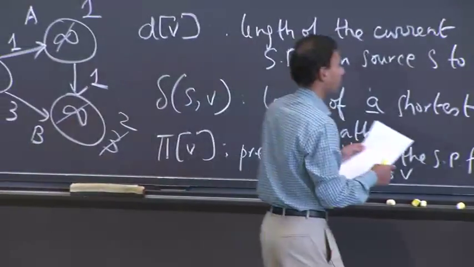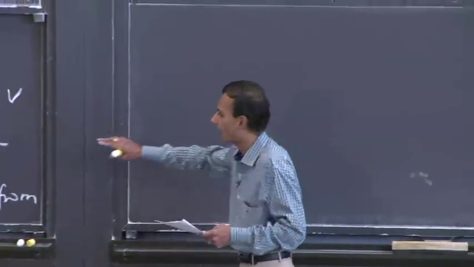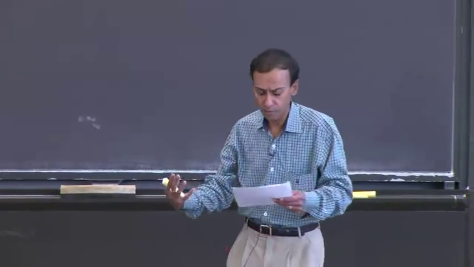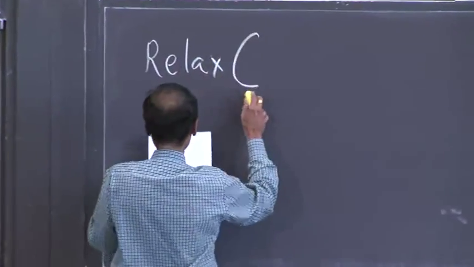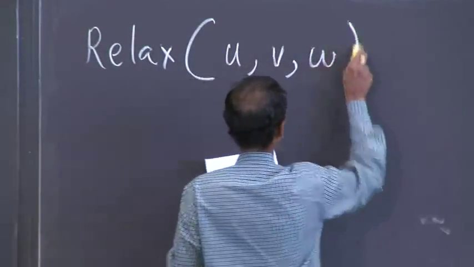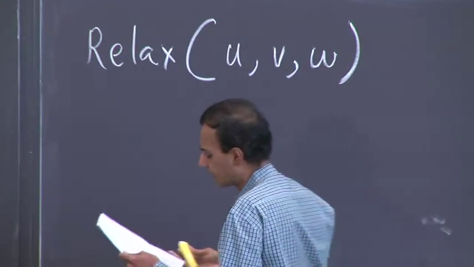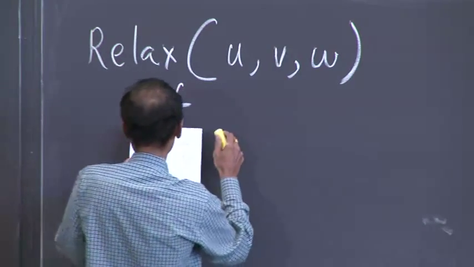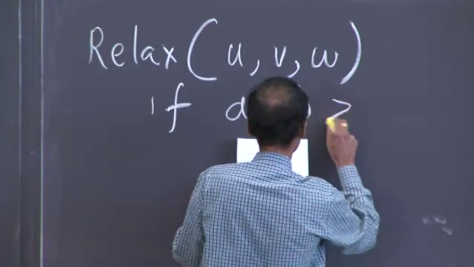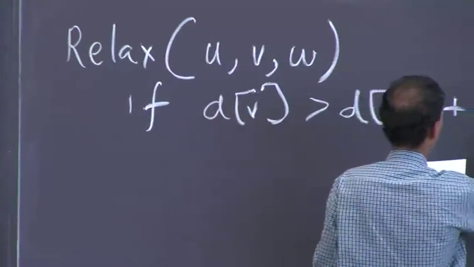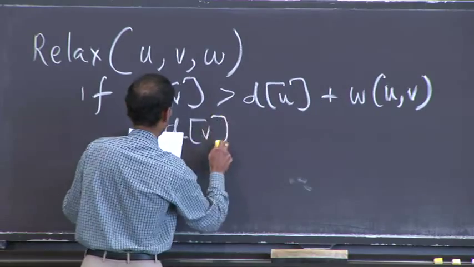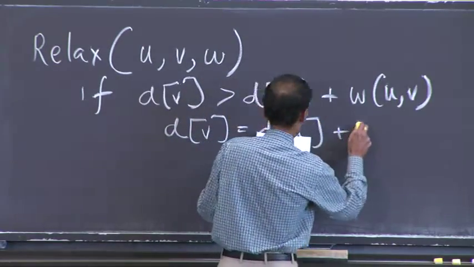So what I want to do is give you a sense for why this relaxation step is useful, but also, importantly, safe or correct. Recall that our basic relaxation operation, which we kind of did over here, as we updated the infinity value to 1 and the 3 value to 2, looks like this: if d of v is greater than d of u plus w of u v, then I'm going to update d of v to be d of u plus w of u v.